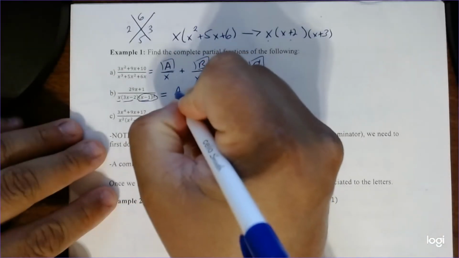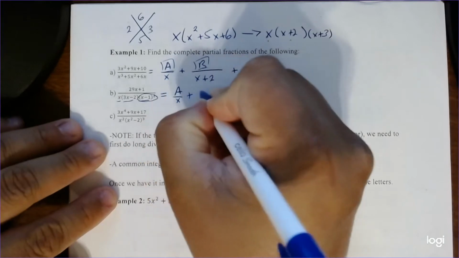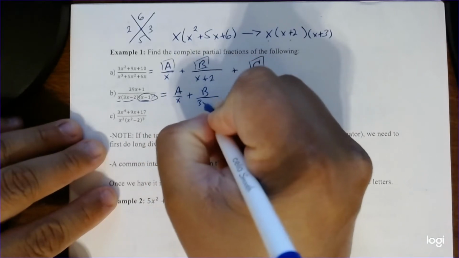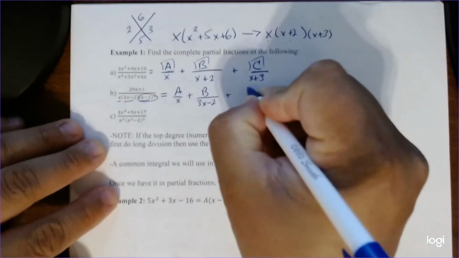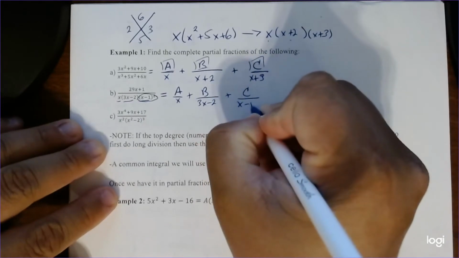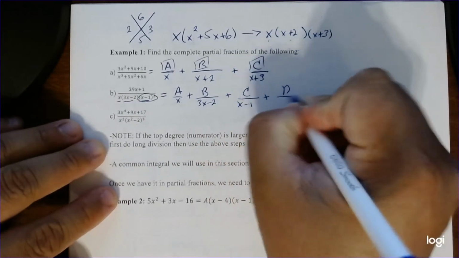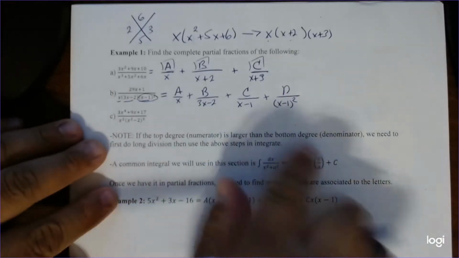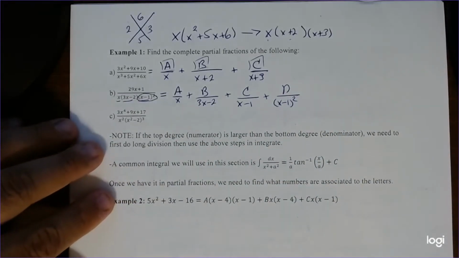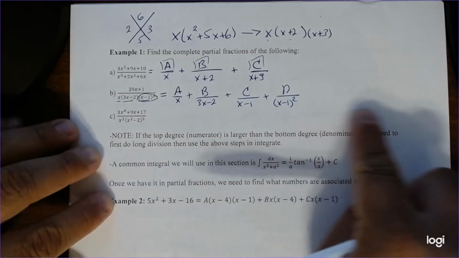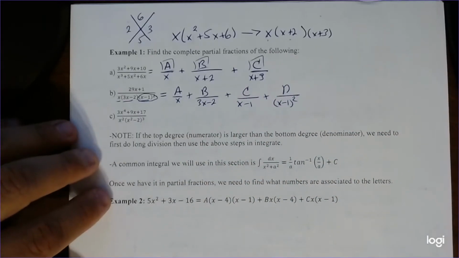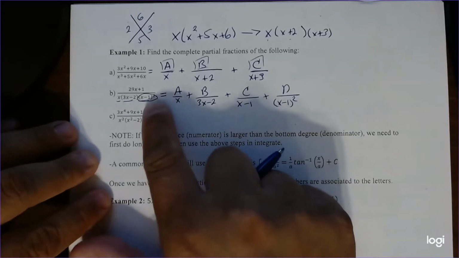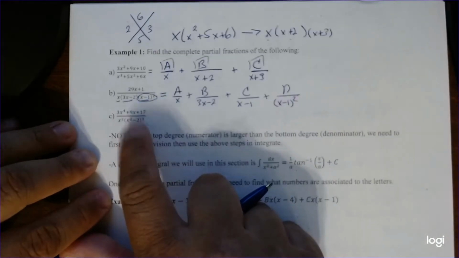So we're going to have a over x, plus b over 3x minus 2, plus c over x minus 1, plus d over x minus 1 squared. So every possible combination we could have. As you notice, it can get really long depending on what we have at the bottom itself.